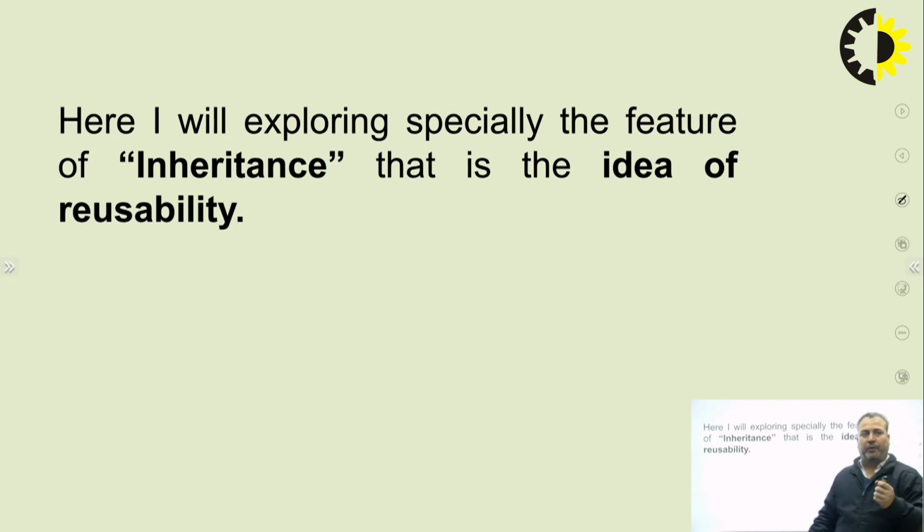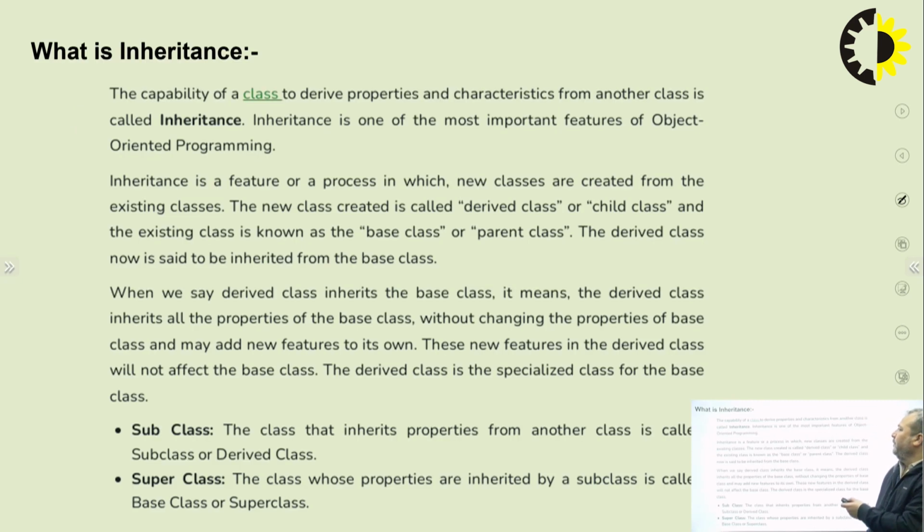So today I will mainly be exploring the main feature, you can say, inheritance. In today's talk, I will be exploring more about inheritance. That is the idea of reusability. Okay, how we could reuse. So what is inheritance?